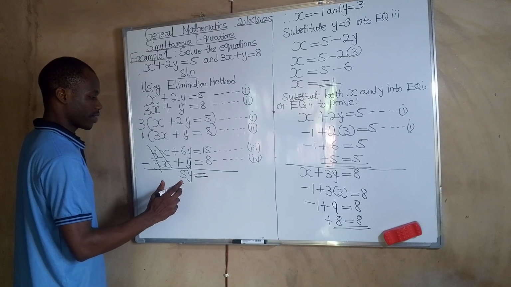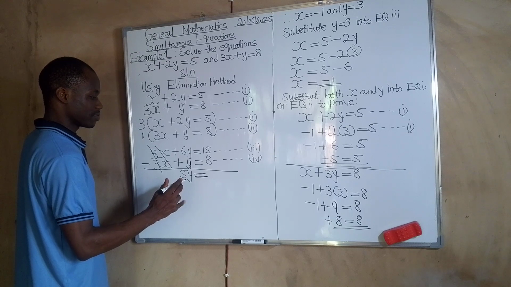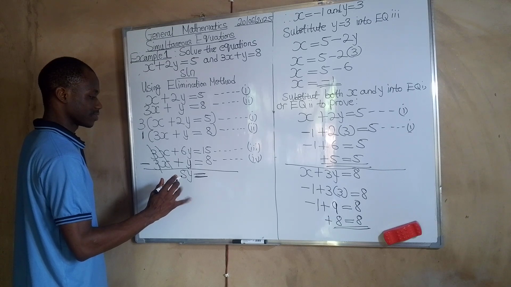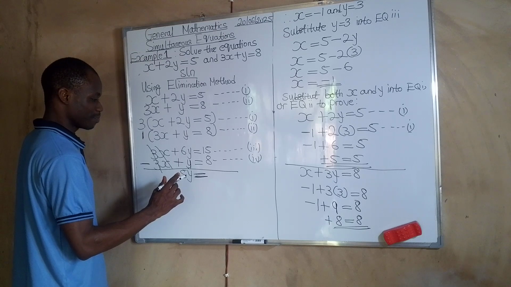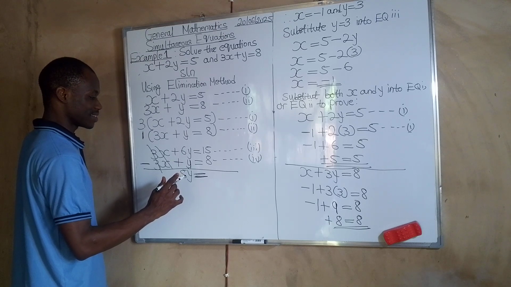5. 8 plus 5 should give us 15? Are you sure? No, 8 plus 5 is 13.